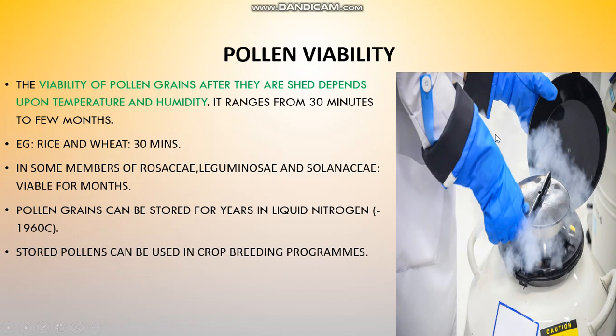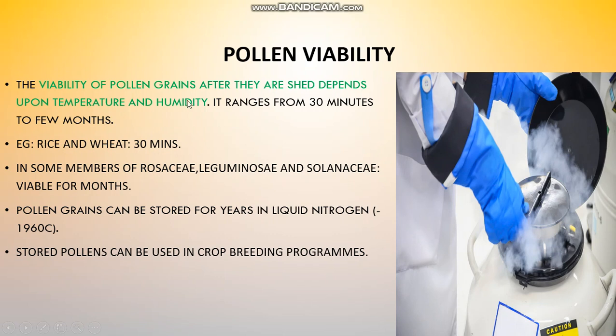Coming to viability of pollen grain. Viability of pollen grain means once they are shed, till what time they will be able to germinate on the stigma. So viability of pollen grain depends upon two factors.